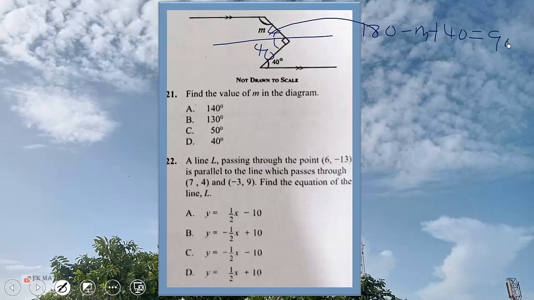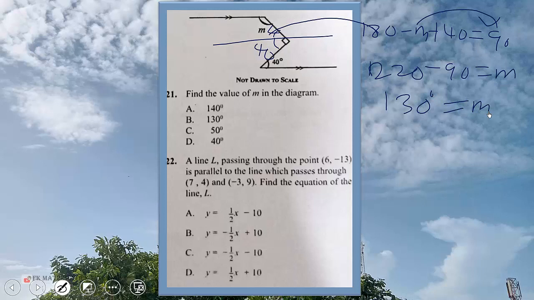So 180 plus 40 is 220, minus 90 should be equal to m. I've sent the m to this side and brought the 90 here. So 220 minus 90 is 130. So m is equal to 130 degrees.